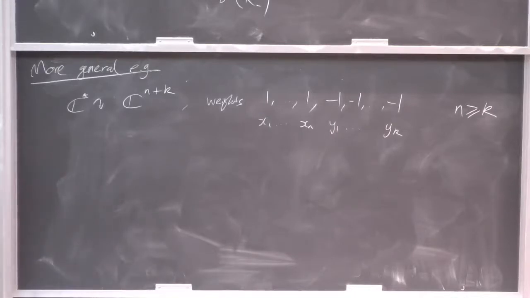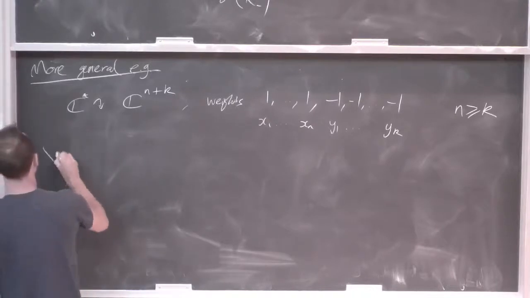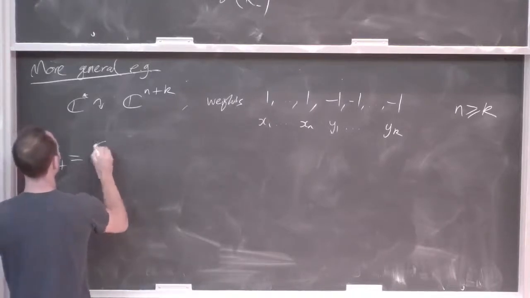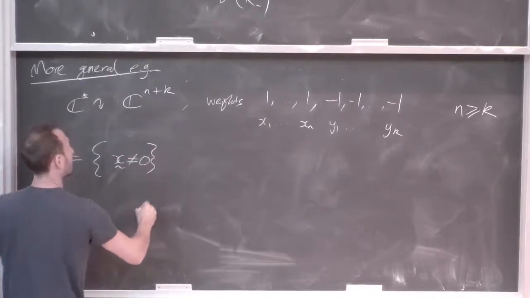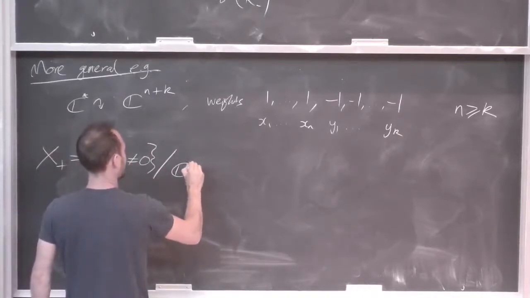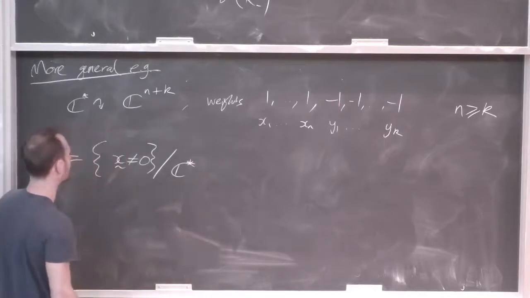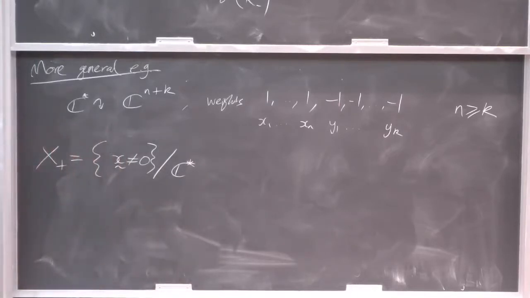So again, there are two different quotient spaces you could form, in exactly the same way. You can form X plus, which is the locus where the x variables don't simultaneously vanish, and quotient that by C star. And what does that look like? Well, this is something we now have a bit of practice in. It lives over projective space in the x variables.